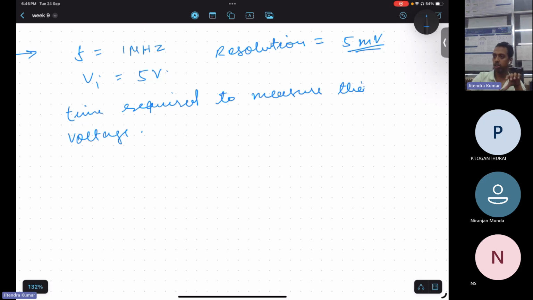Why I have proposed this problem, because we are going to generalize that relationship between time consumption and the number of bits required.